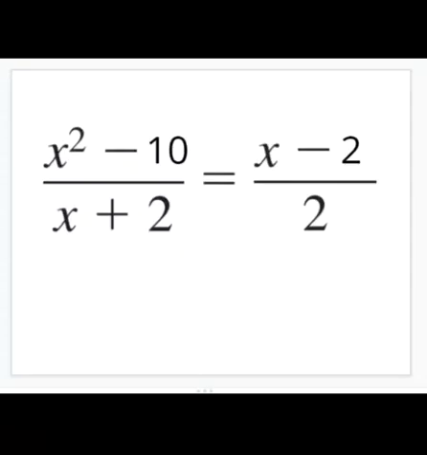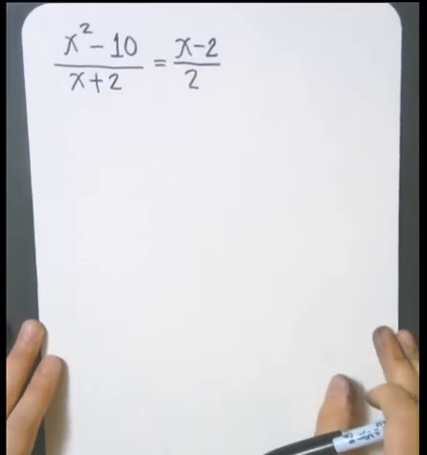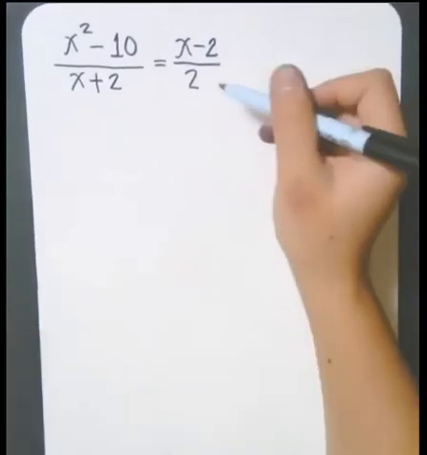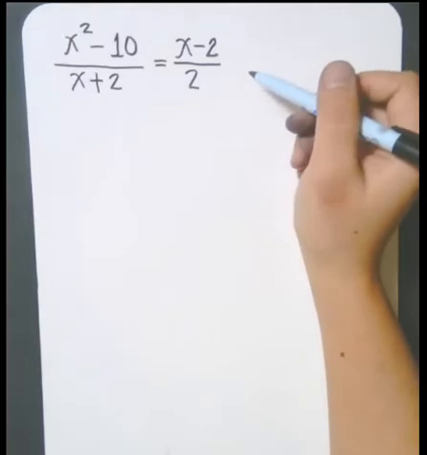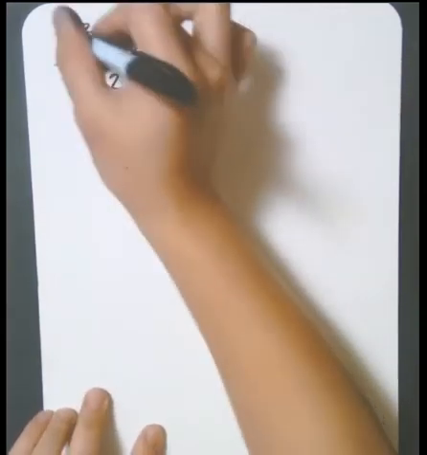Example number 2. Solve for the solution of x squared minus 10 all over x plus 2 equals x minus 2 all over 2. For our step number 1, we need to write the original given equation. Step number 2, we cross multiply.